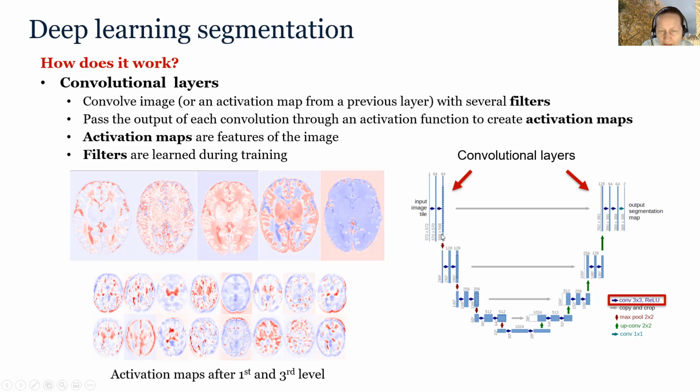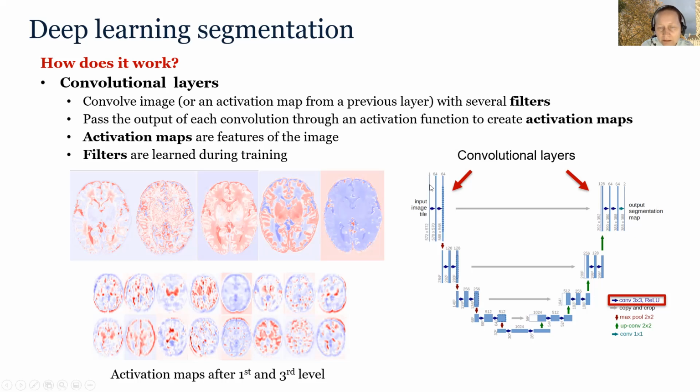Now, just to discuss in detail what we mean in this picture. All the blue parts are the activation maps, and the number above the blue line tells us how many of them there are. First we have just one, because that's our input image. Then we have 64 activation maps and again 64. So these are 3 convolutional layers. This blue arrow shows the convolutional layer that consists of convolution and activation function.